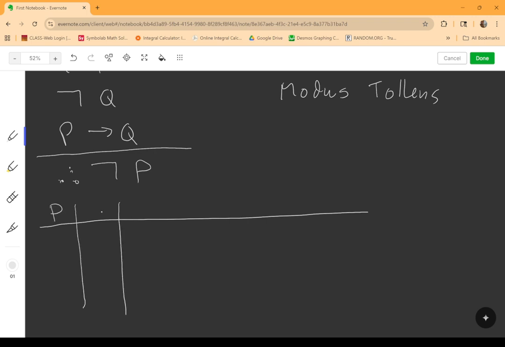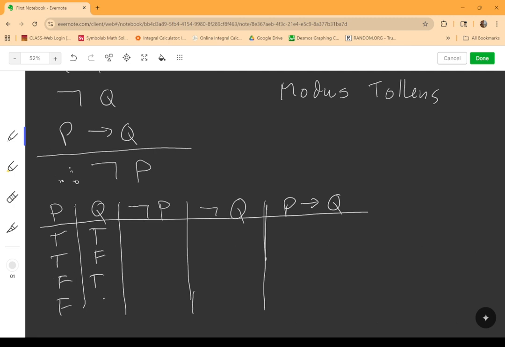So again, let's look at every possible statement here and their truth table. So let's also include columns for not P, not Q, and P implies Q. Okay, so here for P, true, true, false, false.